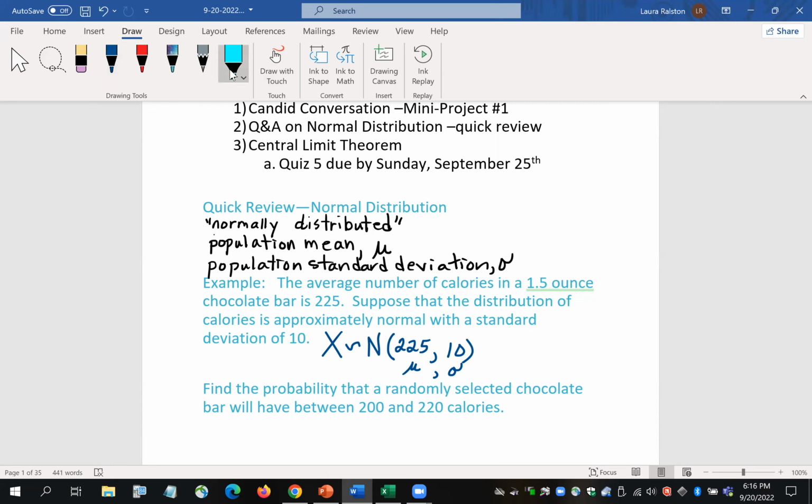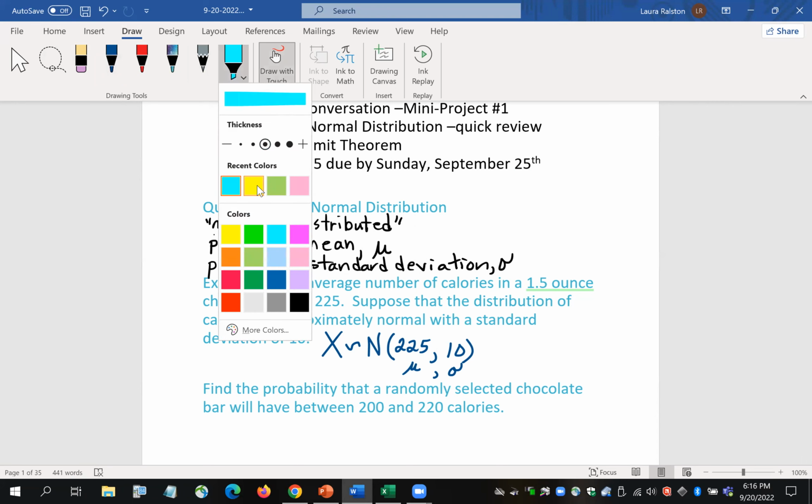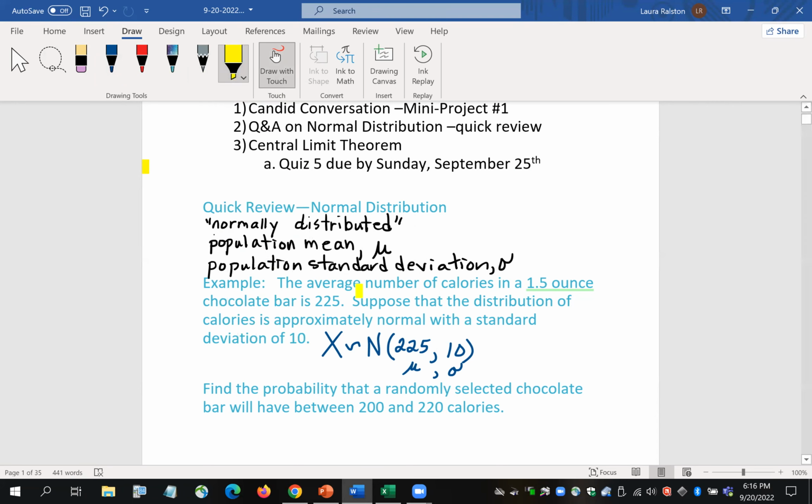So in this scenario that I quickly typed up right before we started, it says the average, or the mean number of calories in a 1.5 ounce chocolate bar is 225. So it tells me that my mean is 225. If I keep reading, it says, suppose that the distribution of calories is approximately normal.